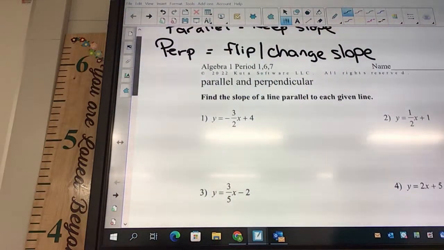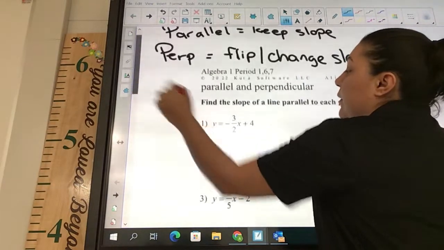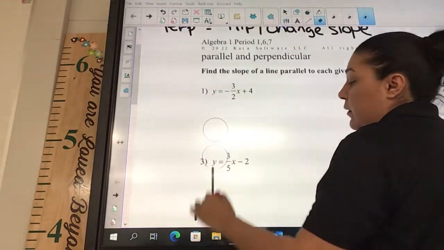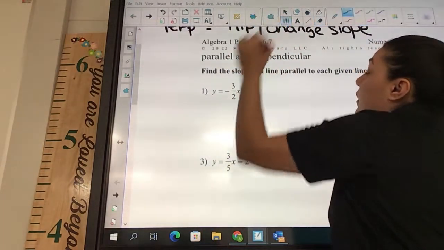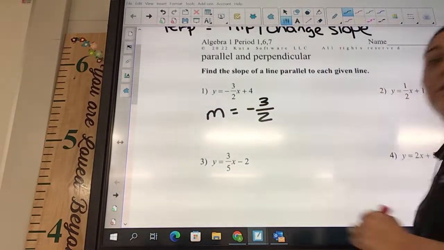So what if we're doing our parallel? Our slope is still going to be negative 3 over 2.